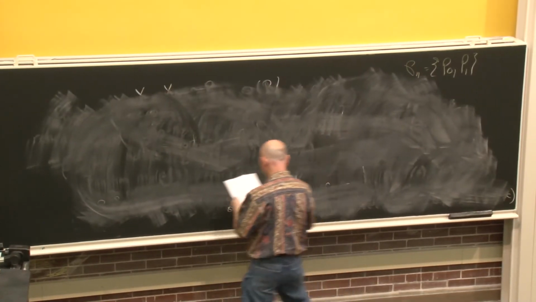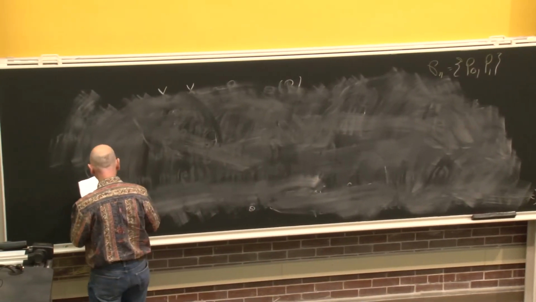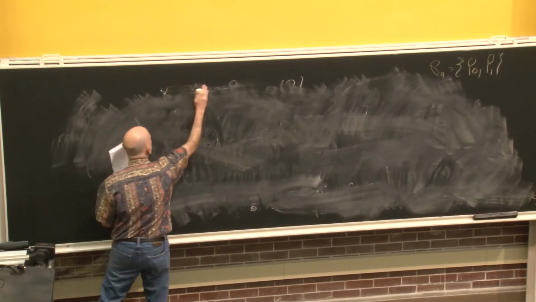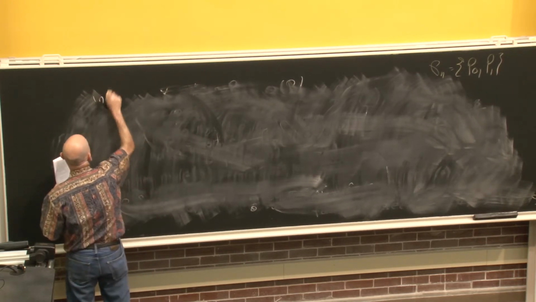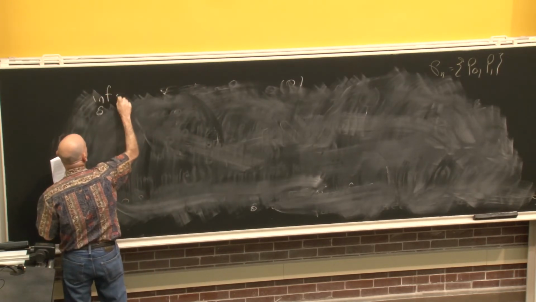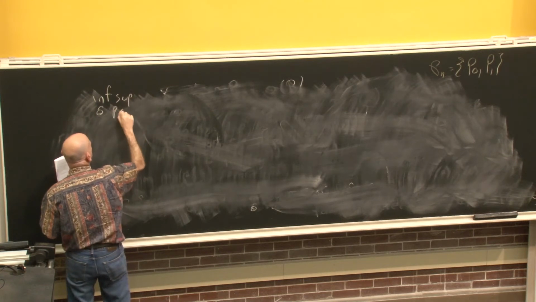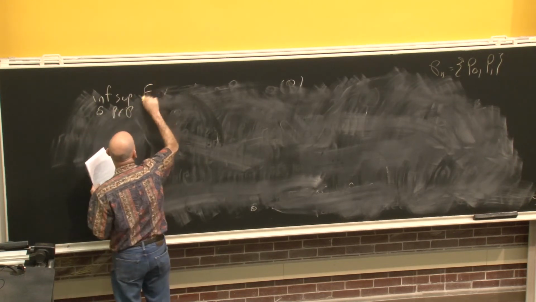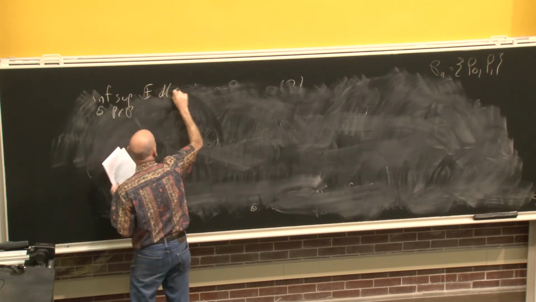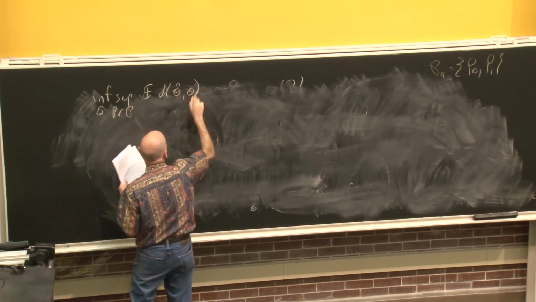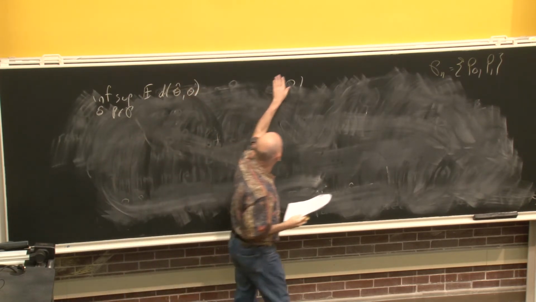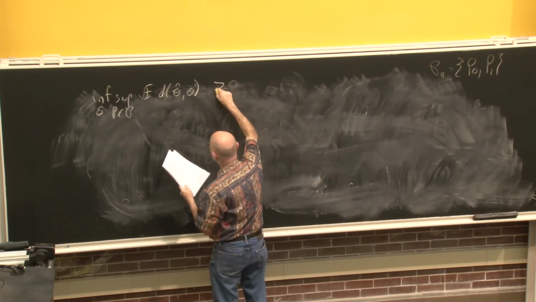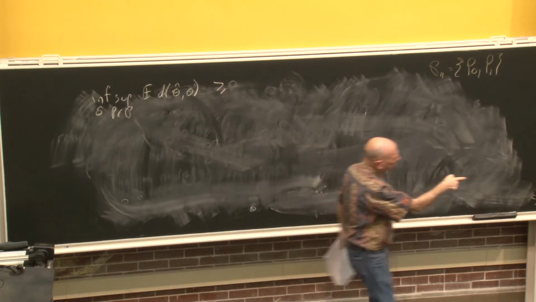So here's theorem 4. This is called Le Cam's theorem. We've heard the name Le Cam many times, which says that the inf, this is our general risk, is bigger than or equal. Now I called it S over here.